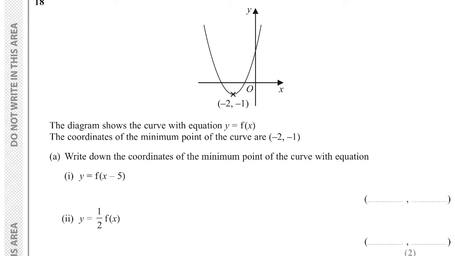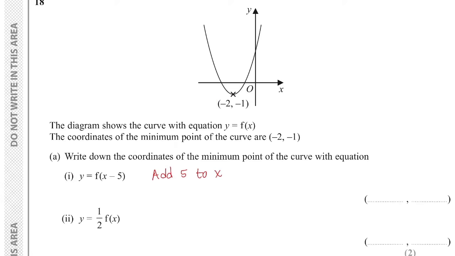Question 18, we are being given the sketch of a curve, and we need to consider the coordinates of the minimum point. It's originally at -2, -1. f(x - 5) is a translation 5 units to the right, which simply means add 5 to x.